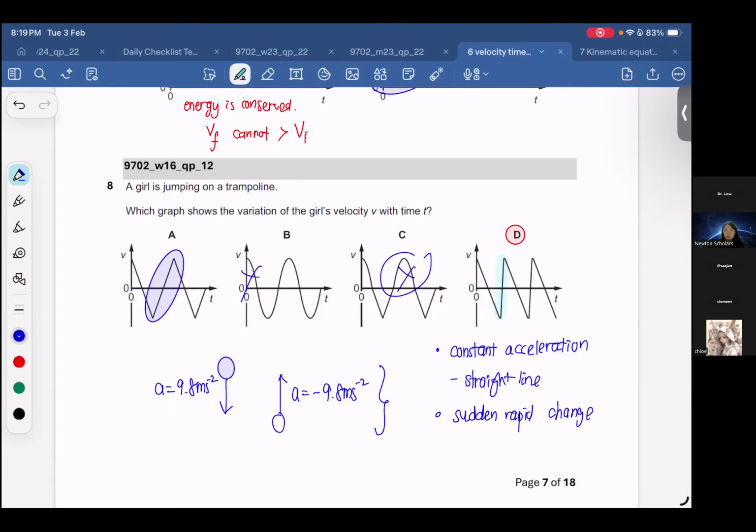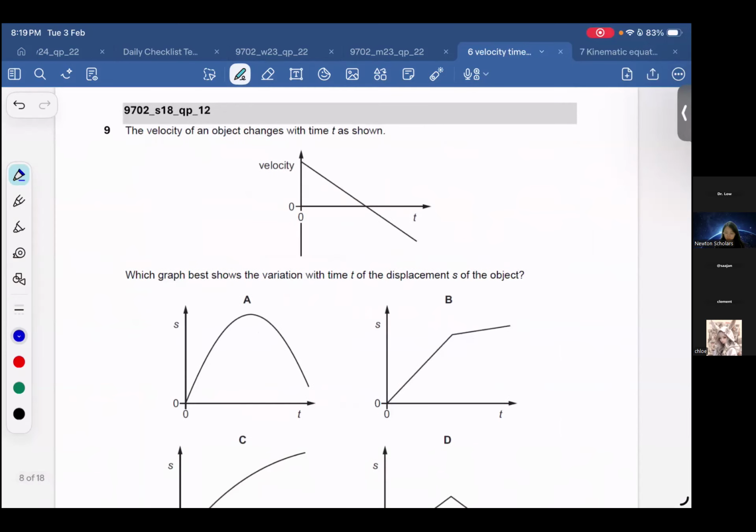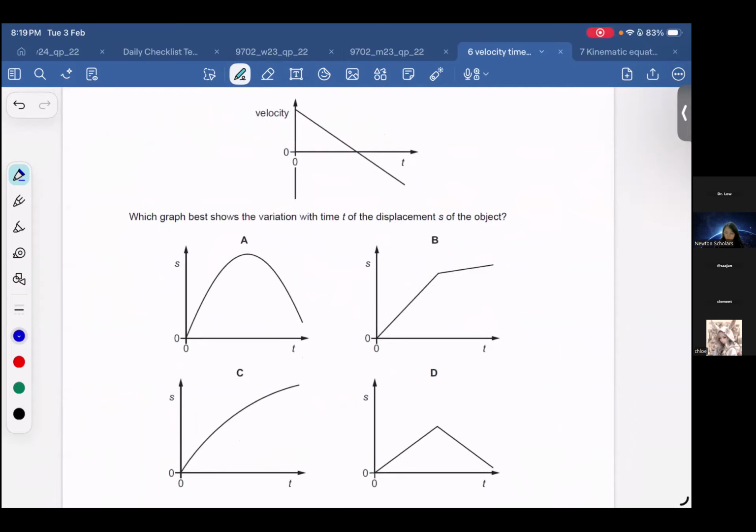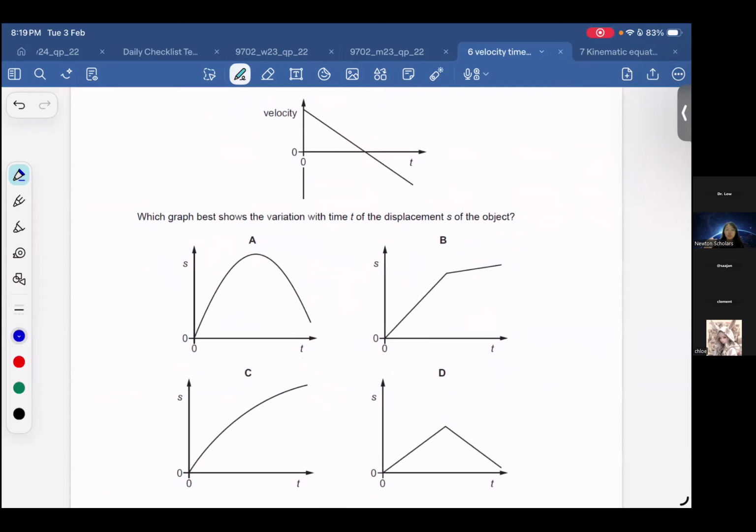Chloe okay? Okay, then test your understanding with the next question, 2018 velocity-time graph. They want you to change from the velocity-time graph to this displacement-time graph. So I need you to think what the possible answer is. Chloe, no. Jiaxuan, no, same answer as Chloe.